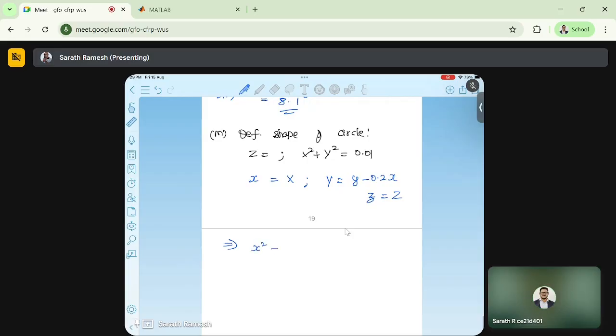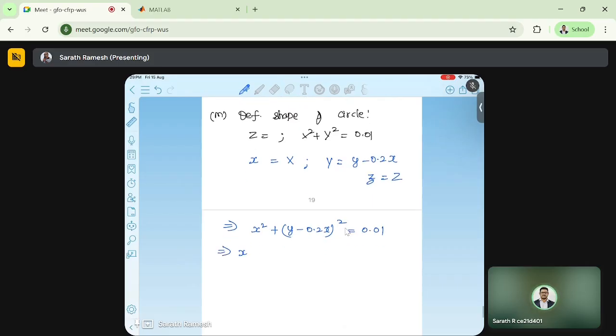So x square plus, instead of capital Y, I'm substituting y minus 0.2x, the whole square, is equal to 0.01. So this is x square plus y square plus 0.04 x square minus 0.4 xy equal to 0.01. Okay, 1.04 x square plus y square minus 0.4 xy minus 0.01 equal to 0.